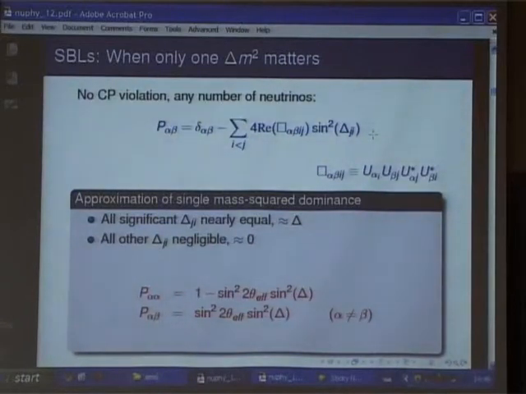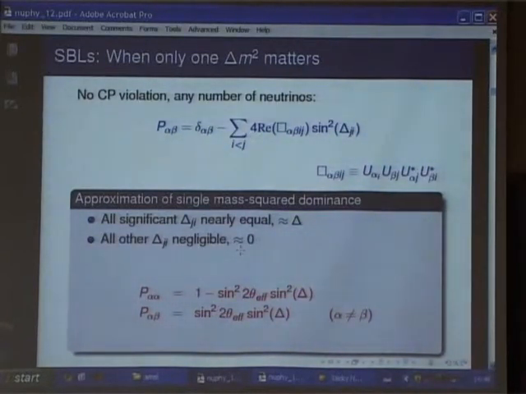This is a very general formula, for any number of neutrinos. So among these deltas, one of them is the largest. In the normal case, delta 3 1 was the largest. So now we look at those experiments where the largest delta is of the order of 1, and all the others are negligible, like 1 by 30.